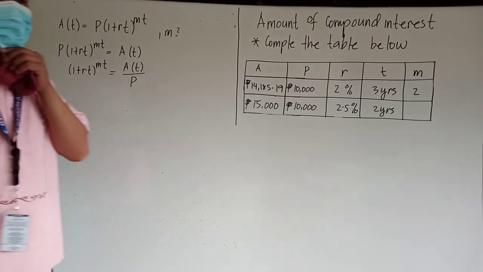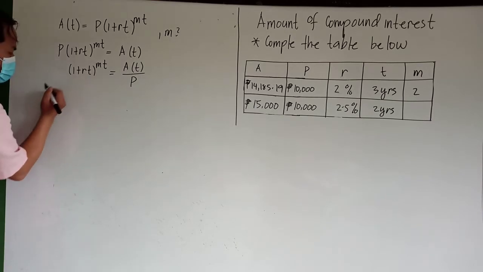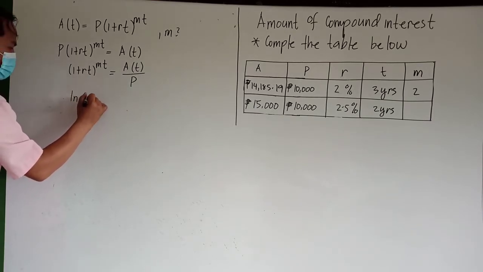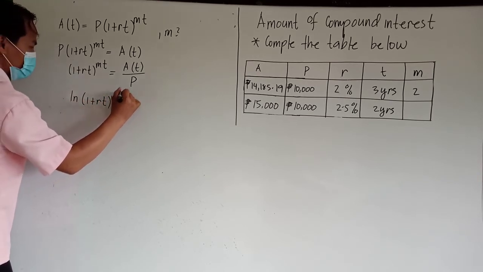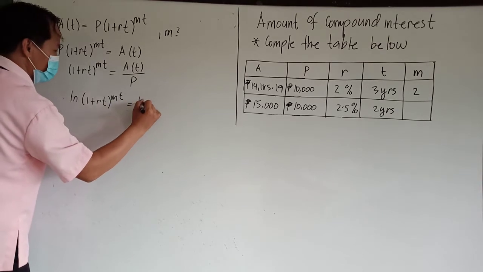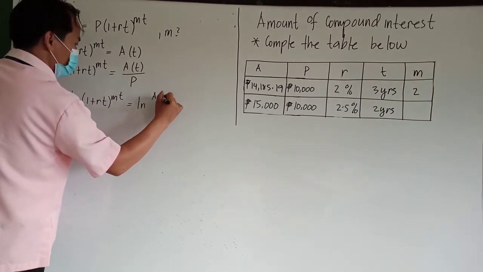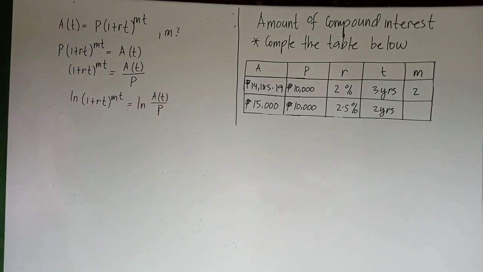Applying the property of the logarithm, we can make use of ln. No? So we have here ln of the quantity 1 plus rate times time to the power of M times T is equal to ln of A of T over P. Okay? Next, simplify.